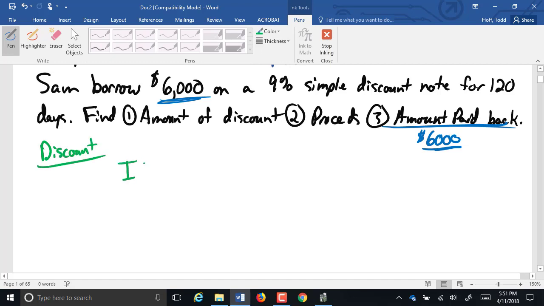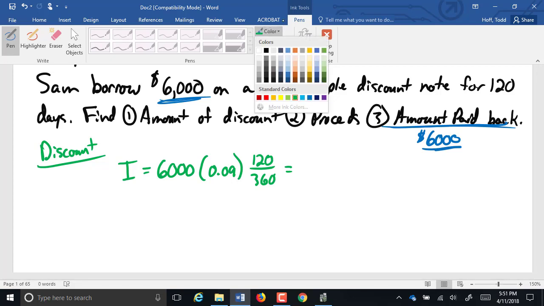The amount of the discount is just interest, so it's our principal, 6,000, times our rate, 0.09, times our time of 120 over. It doesn't specify exact interest, so we're going to use ordinary of 360.